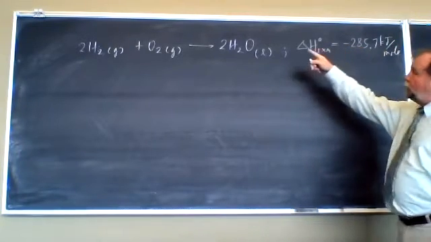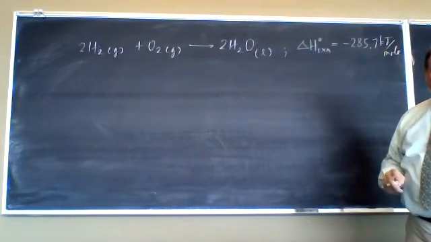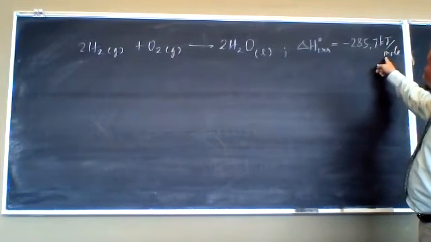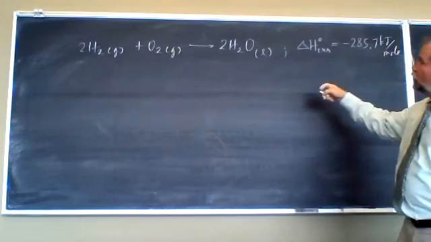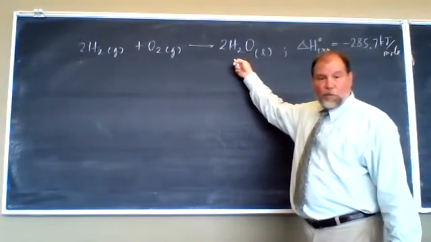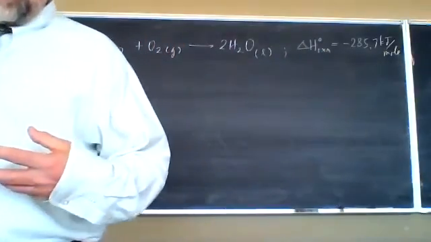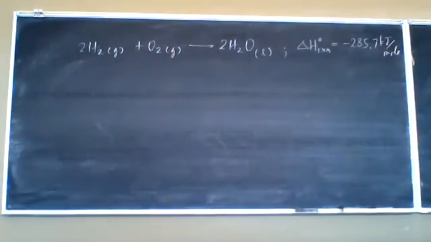The negative sign tells us that this is an exothermic process. We also need to recognize that this is kilojoules per mole. And so because we make 2 moles of water, stoichiometrically, that means that we would release twice as much energy with this reaction as well.